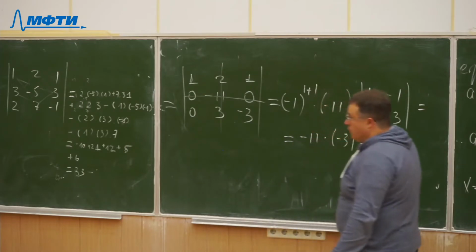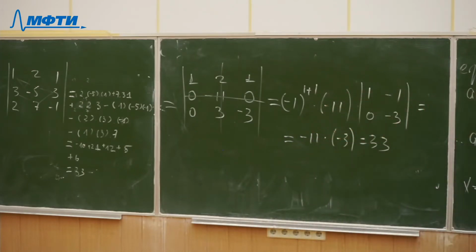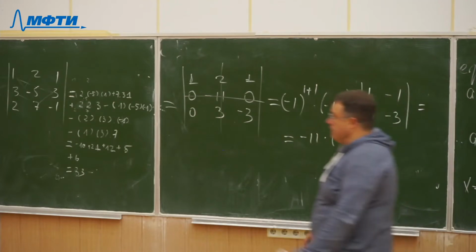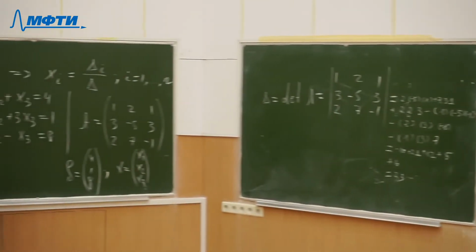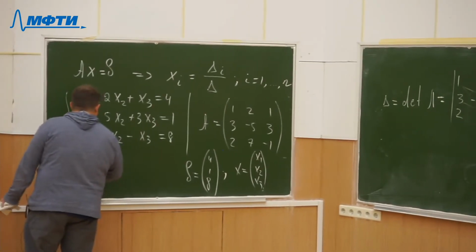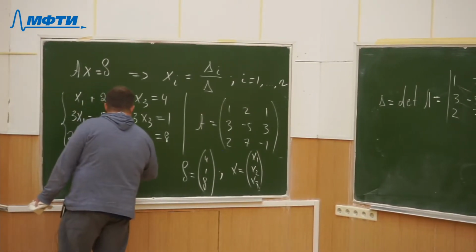Of course, the same result. So, the determinant of the matrix of the system, delta, equals 33, not equal to 0.